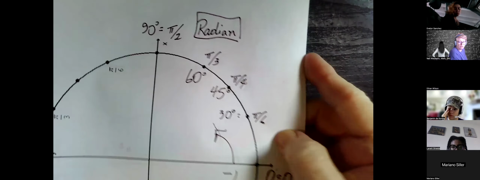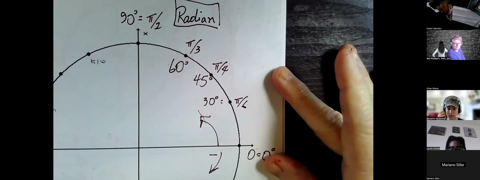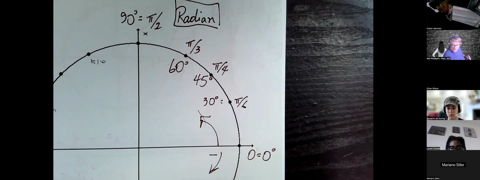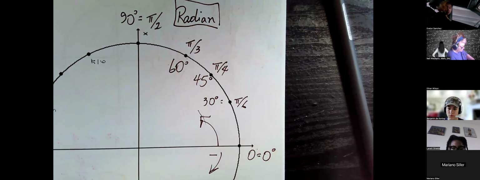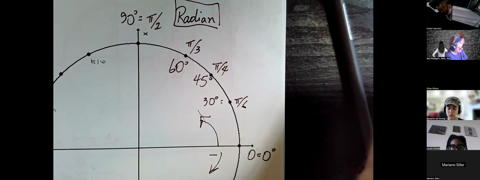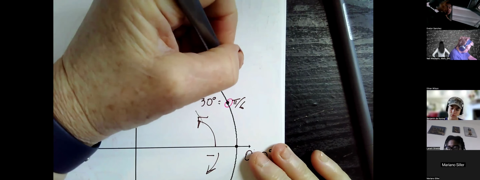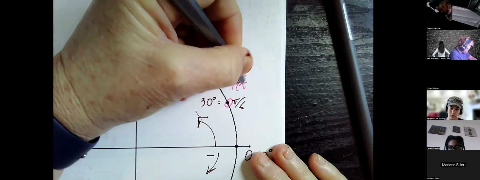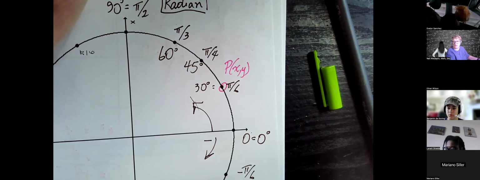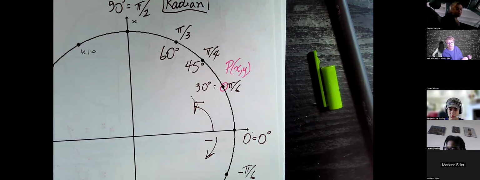So let's look at these angles. And what we want to do is connect those angles with the point on the circumference. Because we're thinking of these as going back and forth between points and angles.